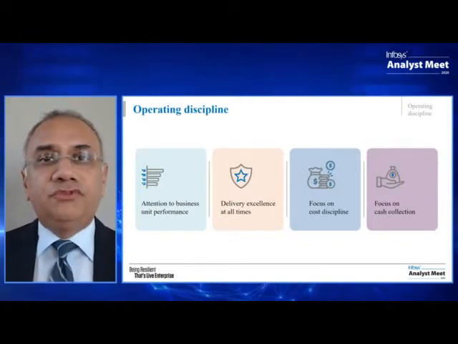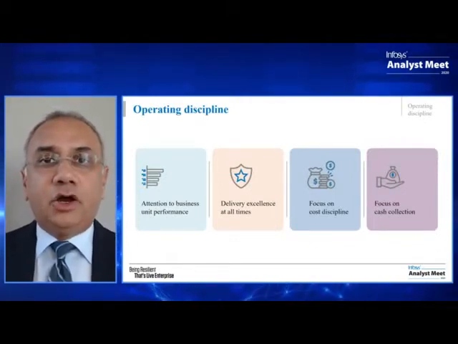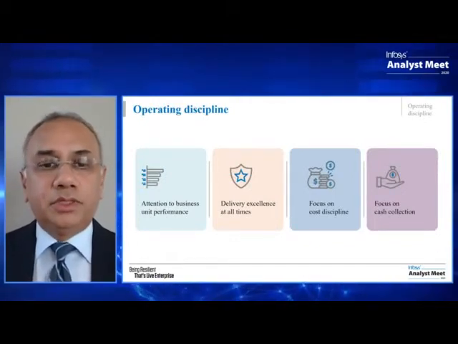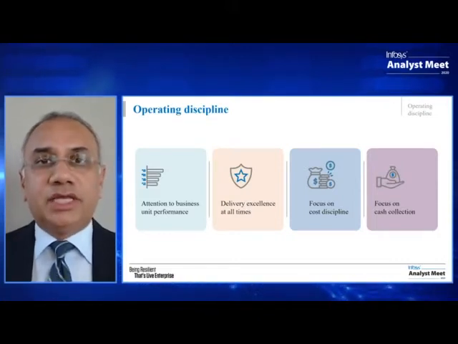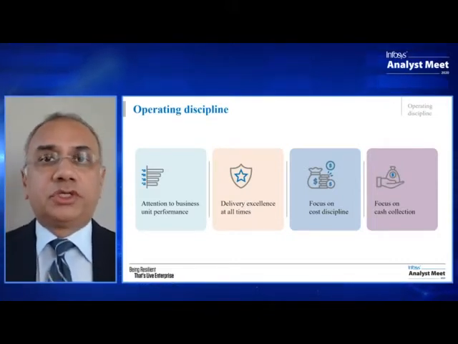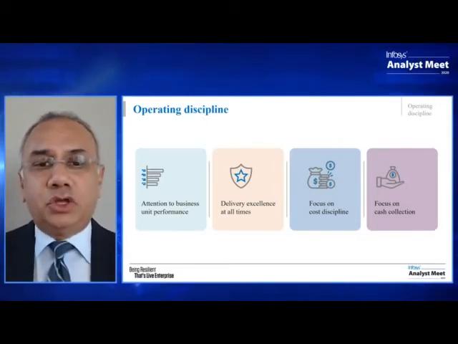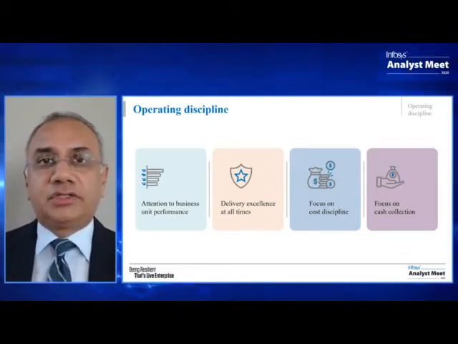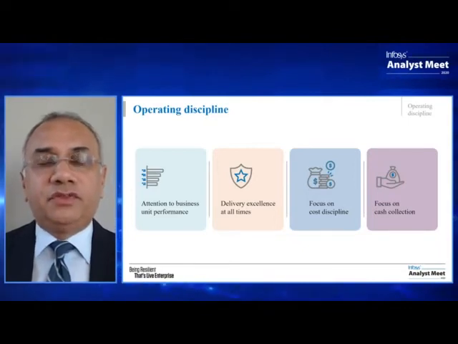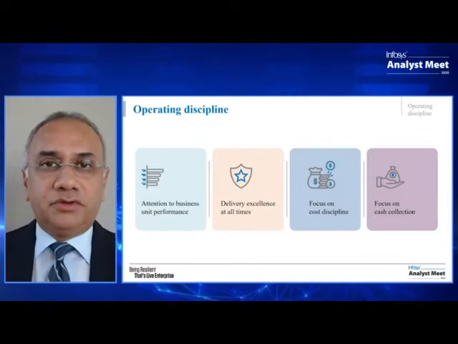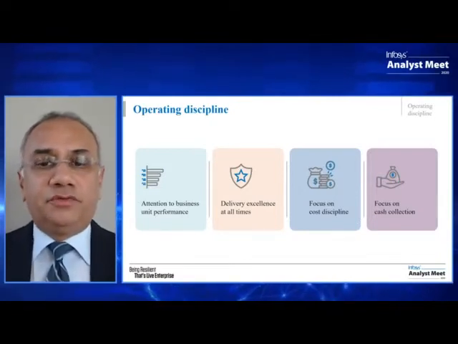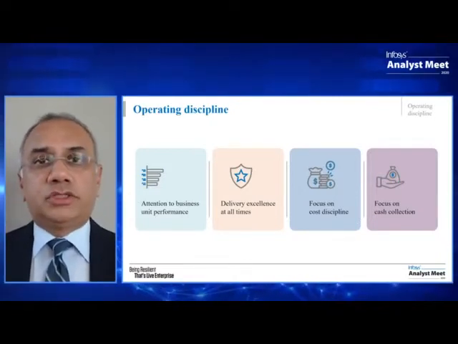We're also extremely focused on a discipline in our operating approach. We look at all of our businesses and their unit performance. We focus on things which are not working to try to address them and solve them. Delivery excellence is really the cornerstone of everything at Infosys, and there's a continuous attention to how delivery is progressing across all of our clients. A focus on cost discipline.